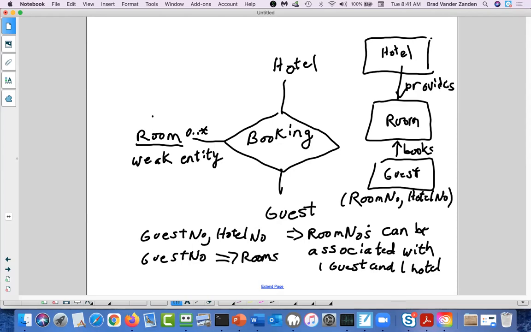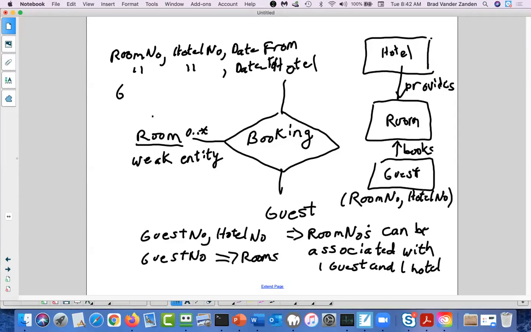Actually, when we went over it, there were multiple potential keys. There was room number, hotel number, date from as one possible key. Then you could also have room number, hotel number, date to as another possible key.